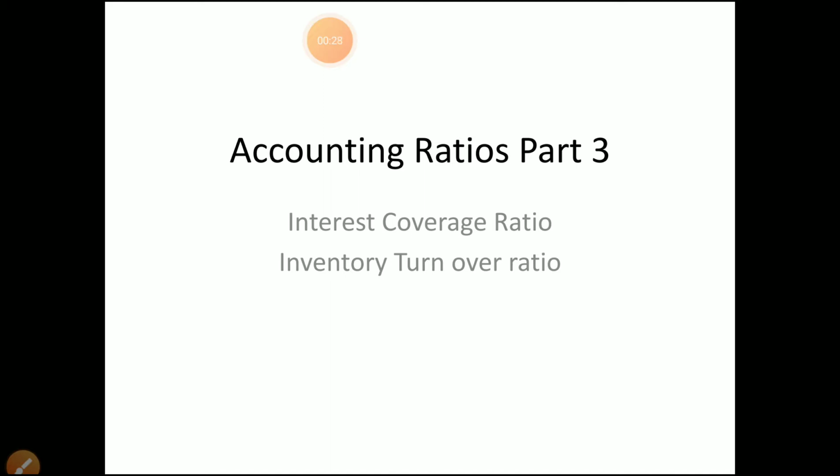It is again classified into current ratio and liquid ratio. Then solvency ratio is again classified into debt equity ratio, proprietary ratio, total asset to debt ratio, interest coverage ratio. Now in that interest coverage ratio today we'll discuss other ratios we discussed in the previous class.